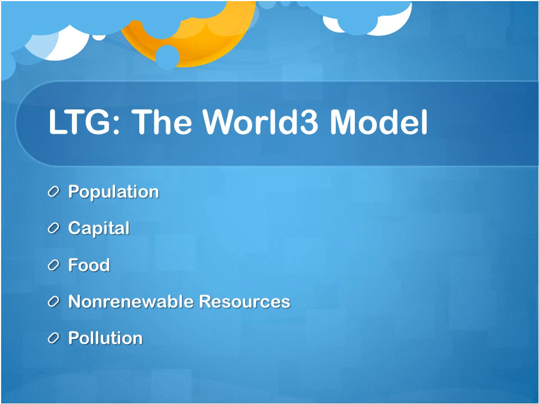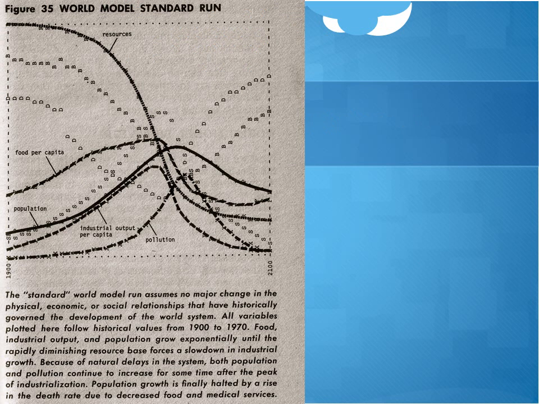Okay, so let me show you typically what the output of this model looks like, and I hope the curves are clear. You can see in the graph there are five curves, and there's a time horizon between 1900 and 2100.